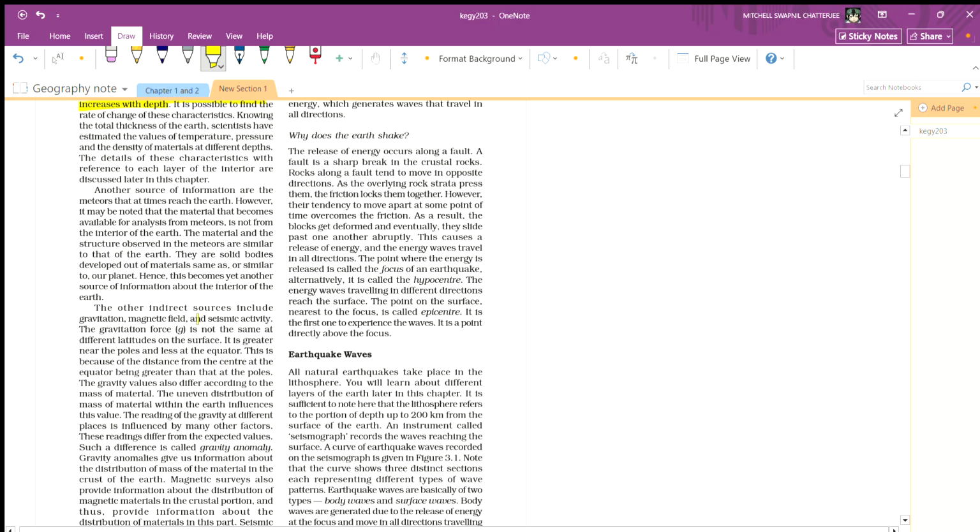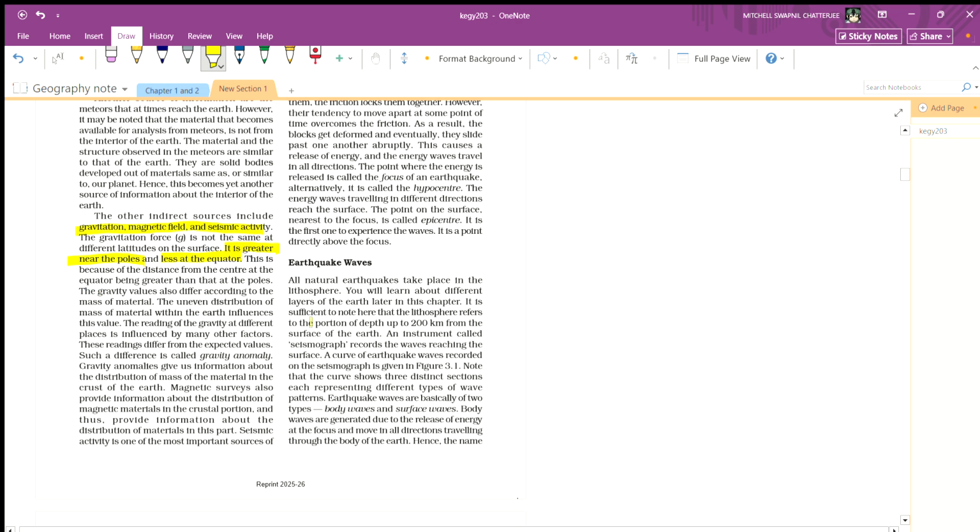gravitation, magnetic field, and seismic activities. The gravitational force is not the same at different latitudes on the surface. It is greater near the poles and less at the equator, like where we are living right now.